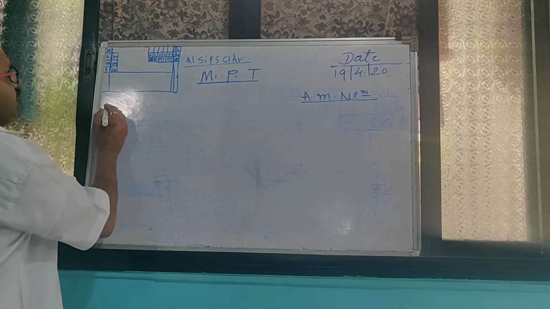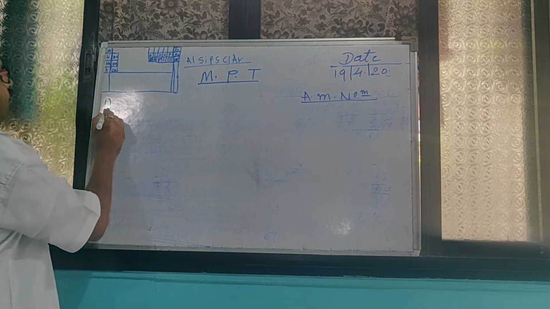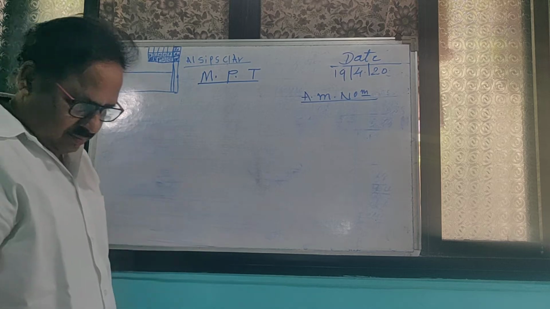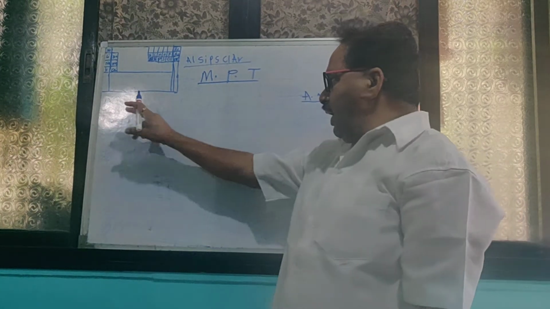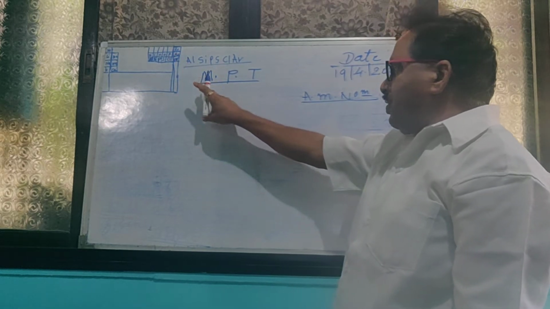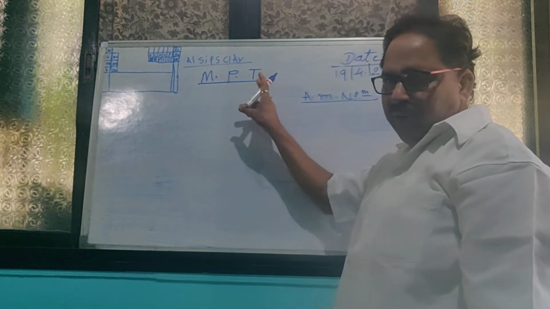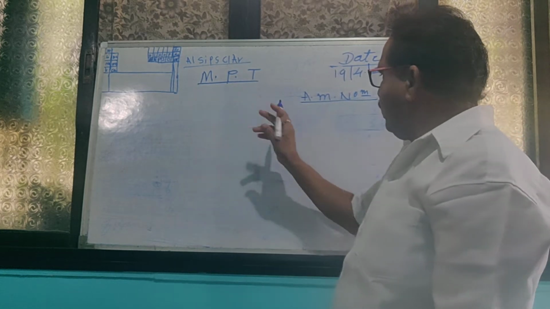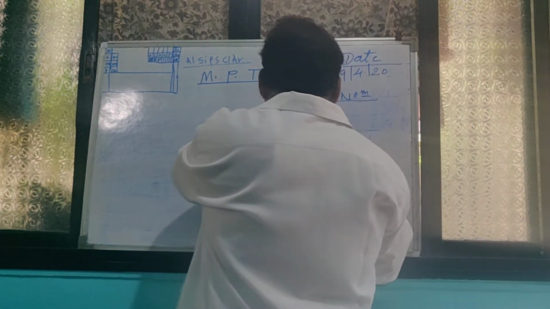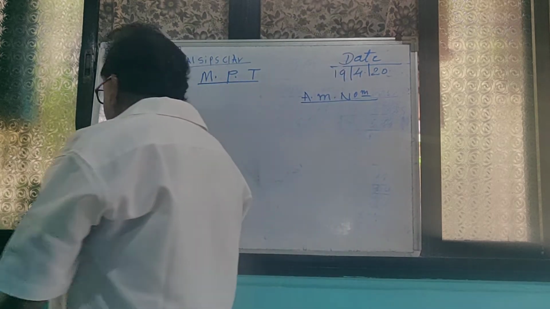But in the modern periodic table, scientist Moseley, who discovered the modern periodic table, focused on atomic number.